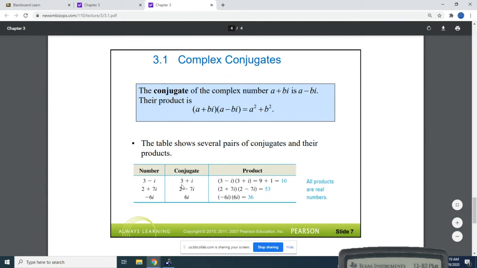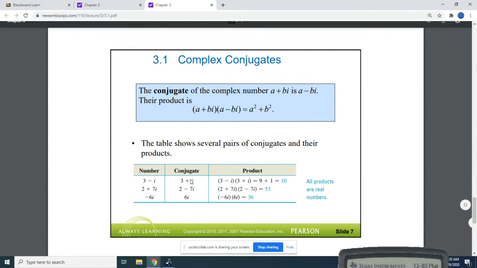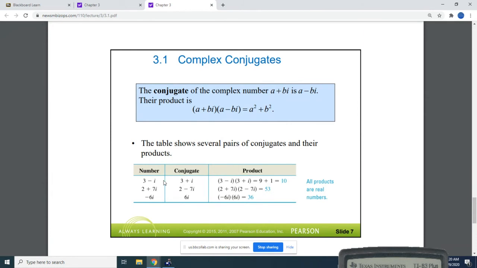Its conjugate is 3 plus i. The difference between a number and its conjugate is only the sign on the imaginary unit. Okay, that sign changes, and it's only the sign of the imaginary unit.